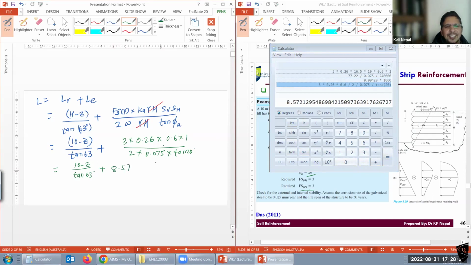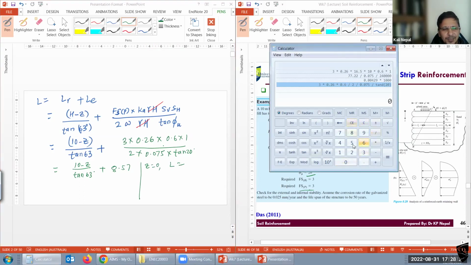8.57. So now let's compute different lengths first. So at Z equal to 0, what happens? L equals, if that is 0, so 10 divided by that, right? So when Z equals 0 at the top. Okay. But the top is usually ignored, right?